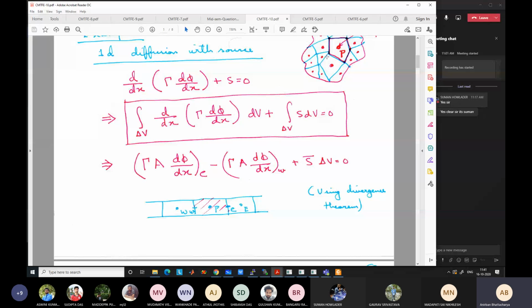In those cases, if you want to resolve the domain properly, you need a large number of control volumes. But say if I take 1 million control volumes, then the solution may take 1 month to run on a laptop, which is not feasible at all.